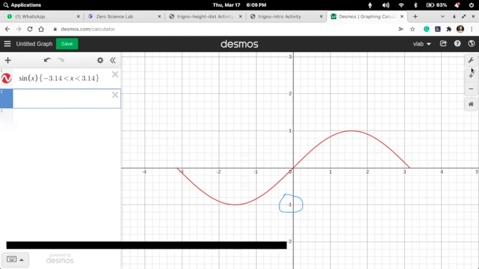What is the pi value? 3.14. Then how do you say that 3.14 radians, 22 by 7. 3.14 radians is nothing but pi radians, right? Sorry, pi radians.